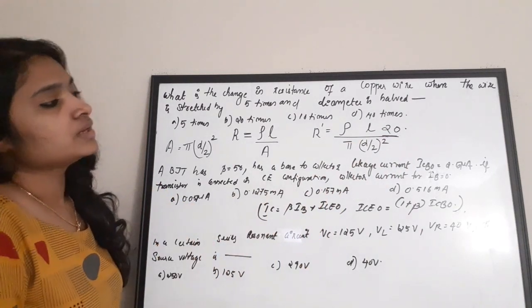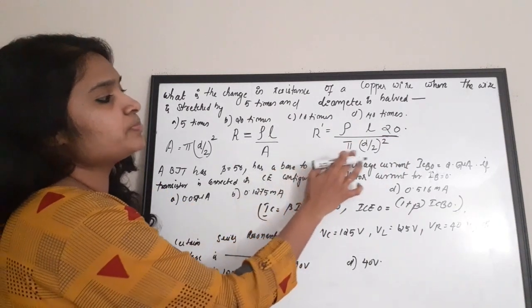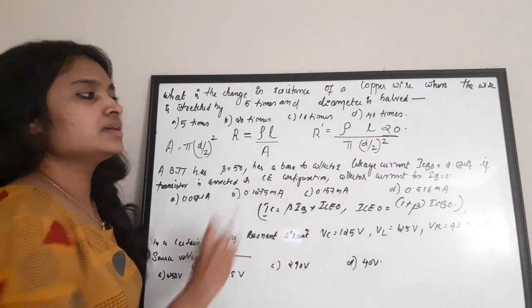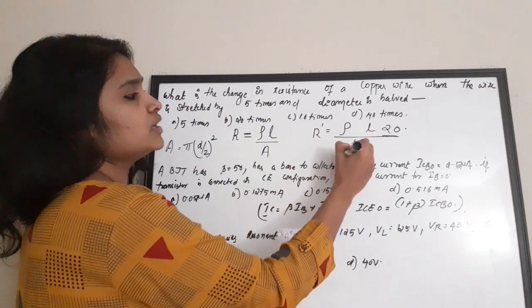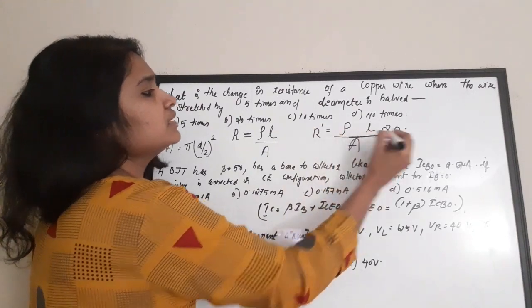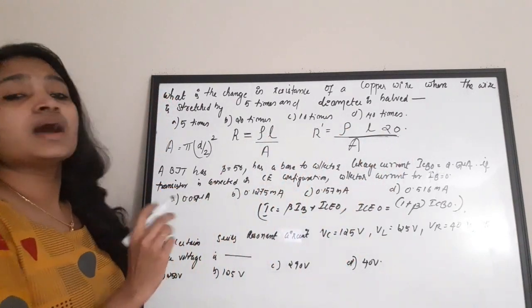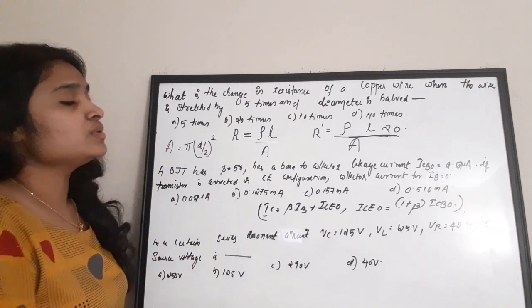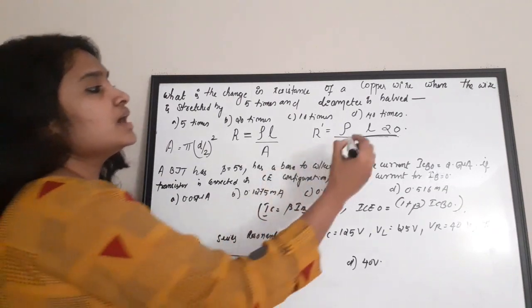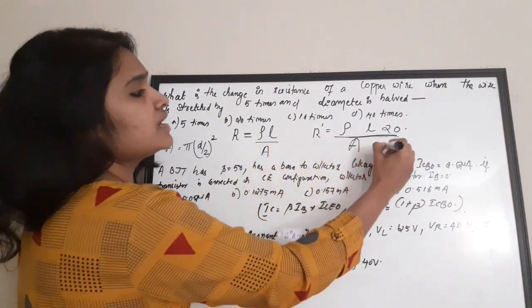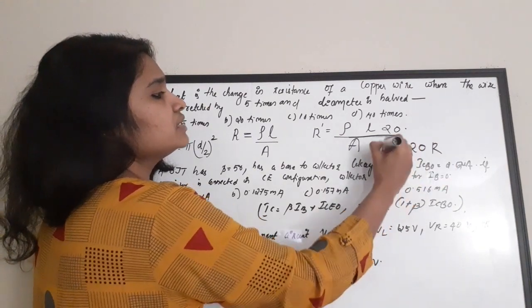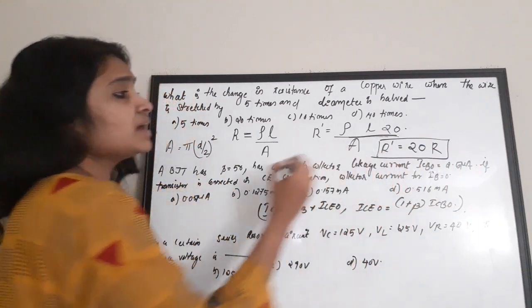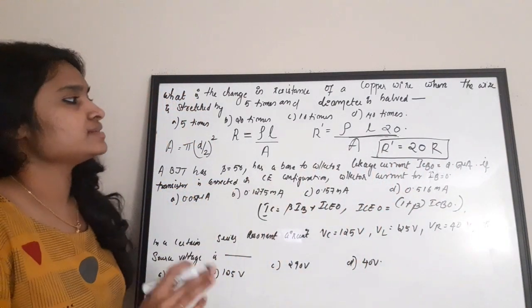Again, you can write pi D by 2 the whole square as the area of the conductor. So this is your new R dash. How is R dash changing? You can write R dash is equal to 20 times R.